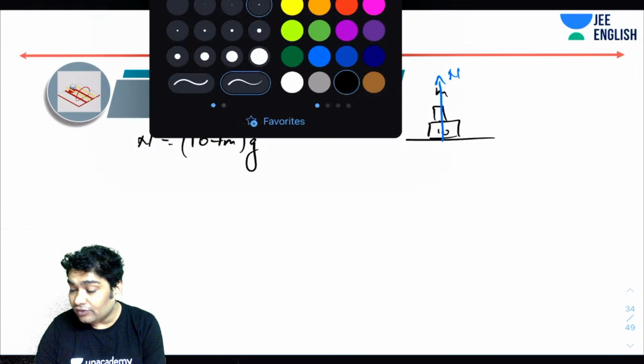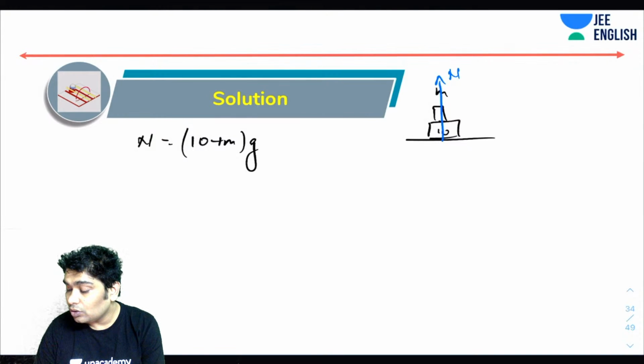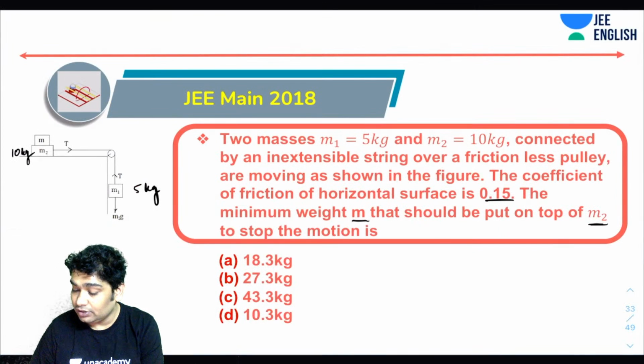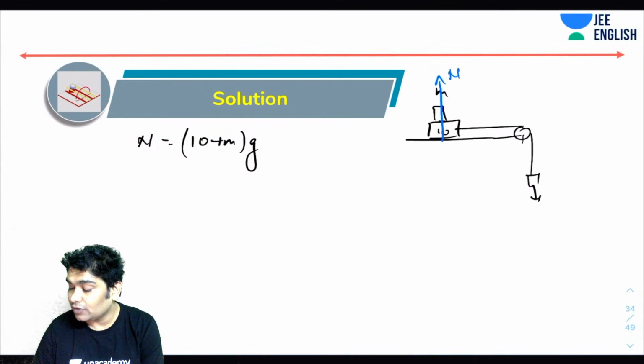And you have a force which is trying to move. So this is 5g acting here, you would have a tension acting here, and then you would have a friction acting.